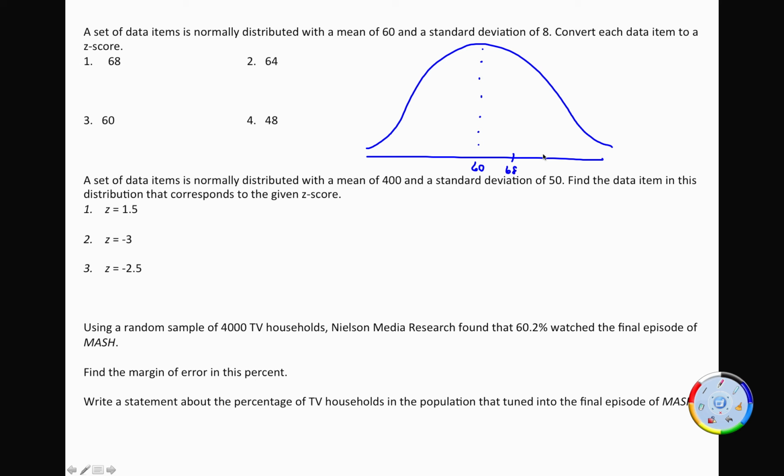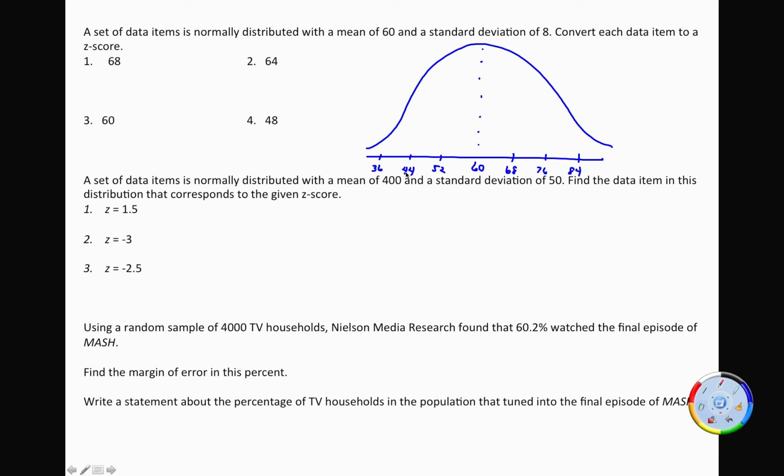So 68, add 8, 76, add 8, 84. Subtract 8, 52. Subtract 8, 44. And subtract 8, 36.